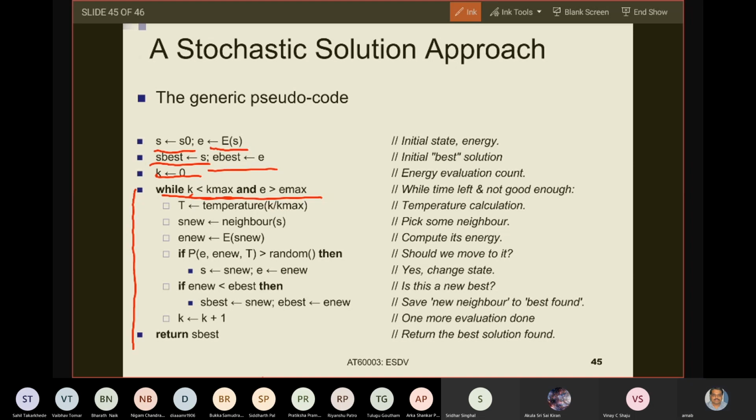Right. So now it finds out something called temperature. Now let us understand what temperature is. The temperature is a value which initially has a very large value. Why is it called temperature? Because in the annealing process, you take a metal which has still not formed nice crystals.